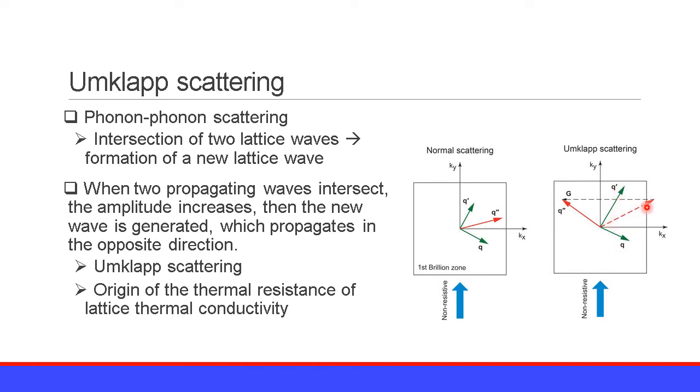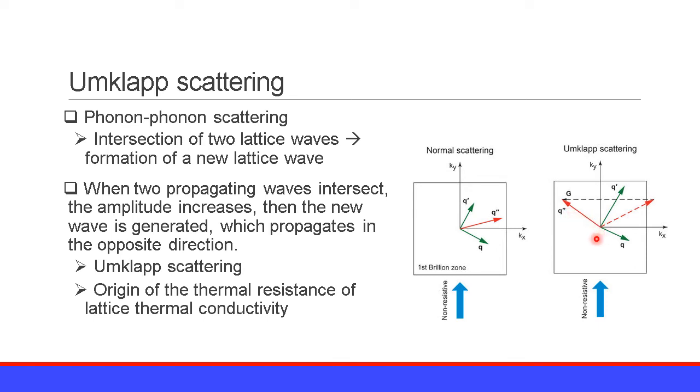As we learned in chapter 3, when the wave vector is located out of the first Brillouin zone, such a wave is identical to a lattice wave whose wave vector is different by the reciprocal lattice vector G. So this broken arrow's lattice wave phonon vector is identical to this red solid arrow Q double prime.